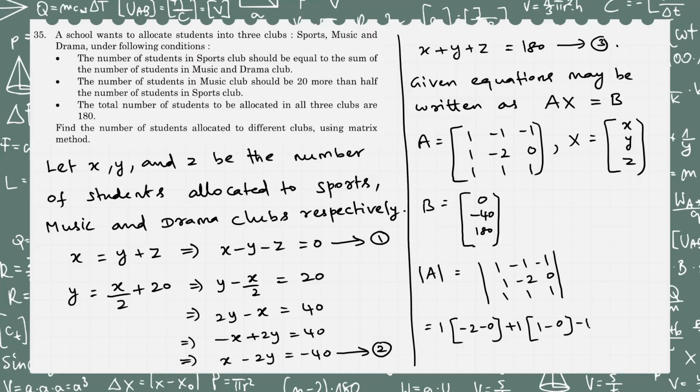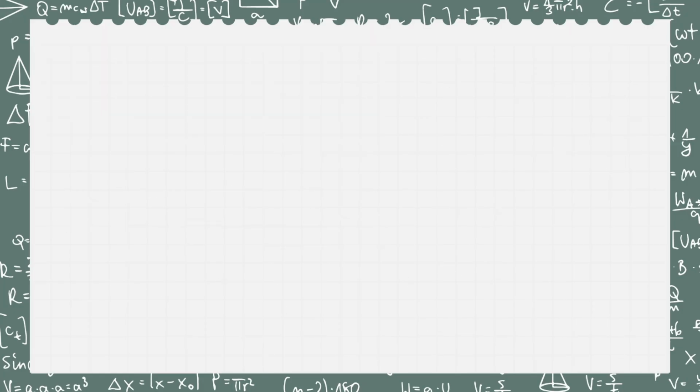Then plus of minus 1 is minus 1 and its minor is 1. Minus of minus 2 will be plus 2. This will be 1 into minus 2 plus 1 into 1 minus 1 into 3. That is minus 2 plus 1 minus 3, which is minus 5 plus 1, minus 4. So determinant of A is minus 4, which is non-zero. So we have confirmed that. Now let us continue with the rest of the things.